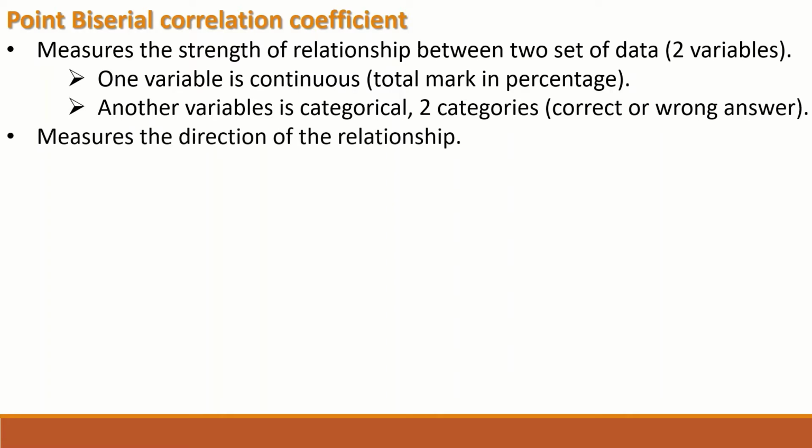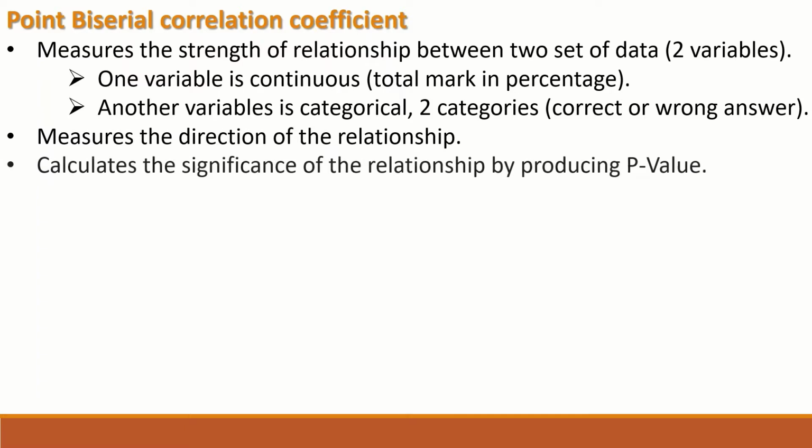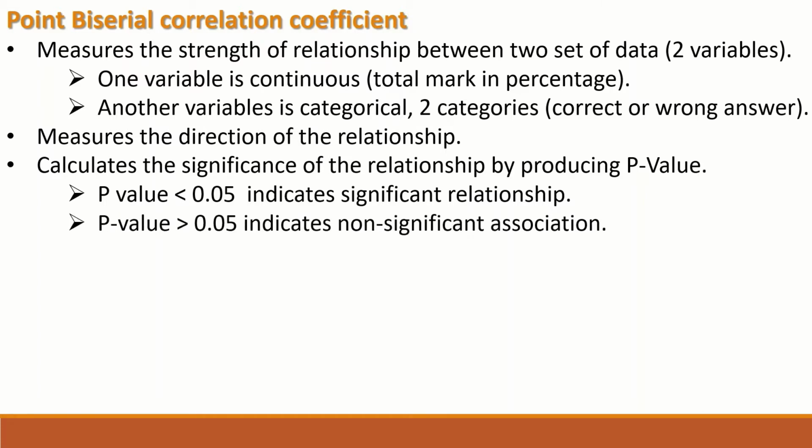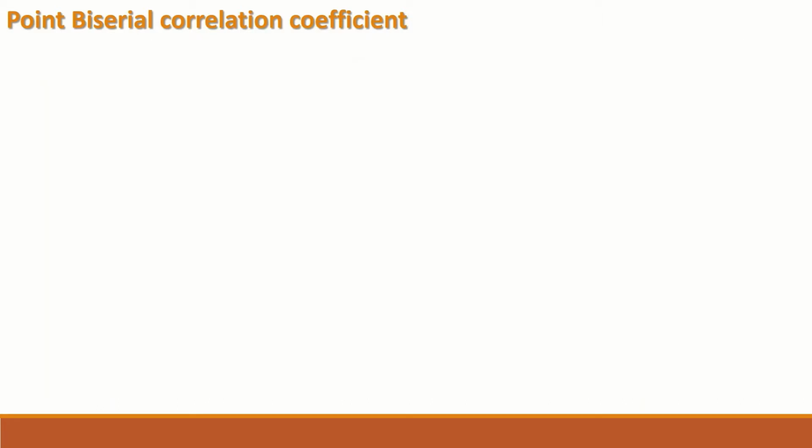The statistical test, the point-biserial correlation coefficient, measures the direction of the relationship, and it calculates the significance of the relationship by producing a p-value. A p-value less than 0.05 indicates a significant relationship. A p-value greater than 0.05 indicates a non-significant association.